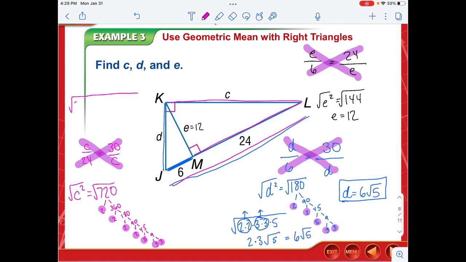So you end up getting the square root of 2 times 2 times 2, 4 of them. I don't remember how many I said. Times 3 times 3 times 5. Group them up. We end up having 2 times 2 times 3, which is 12 with a root 5 left over for C. And that is your solution. Okay? So you can go from not knowing much about a triangle to knowing a lot about it if it's a right triangle with an altitude.